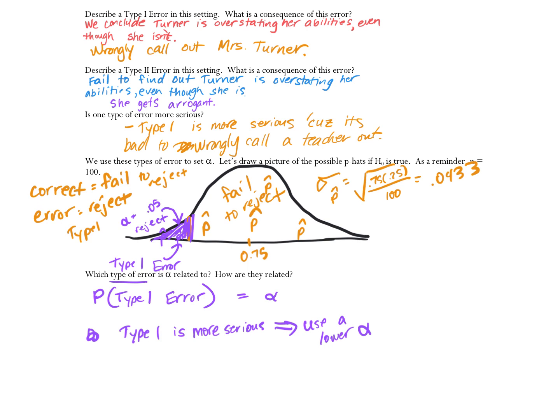You guys with me? Okay, so if we do inverse norm of 0.05 with these parameters, that's going to tell us when we are going to reject the null hypothesis. So I need some help. Can somebody figure that out for me real quick?